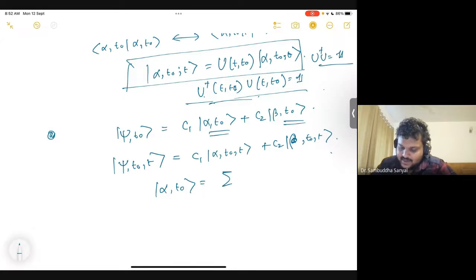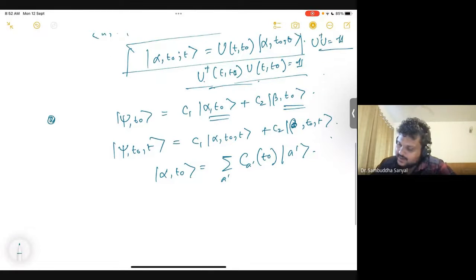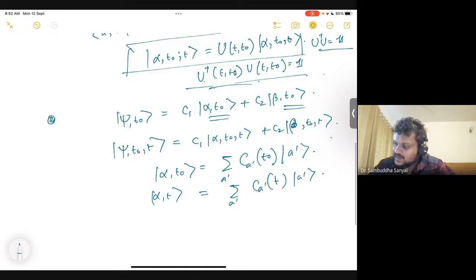Or alternatively, I can say that this alpha(t0) is basically a linear superposition of some other complete set of state operators, and alpha(t) is also a linear superposition of the same basis states. So the only thing that changes from here to here is the coefficients, because this changes, so this also changes.